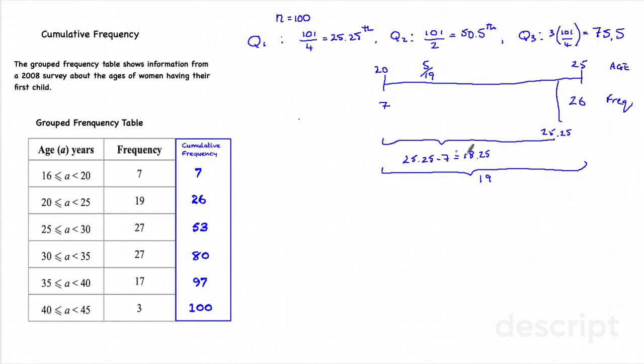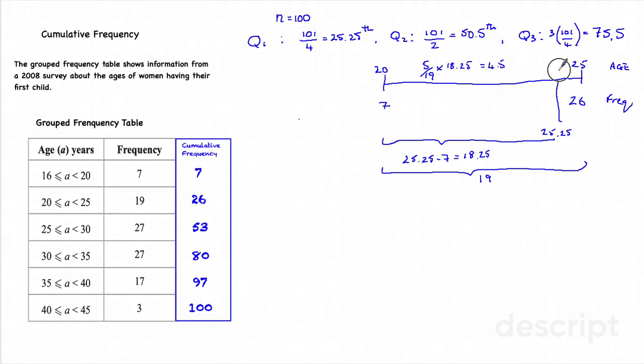I'm going to assume that the women are equally spaced along this group. And then I need to find the woman who is 18.25 along there, and I discover that is 4.8.